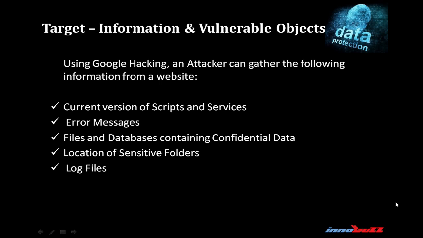During the search, we focus on the current version of scripts and services, error messages, files and databases containing confidential data, and locations of sensitive folders and log files. If we get good results in Google hacking, it is beneficial for us during penetration testing because this information helps us to make an appropriate exploit for the application or technology.